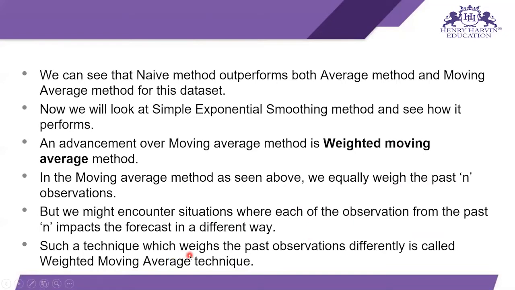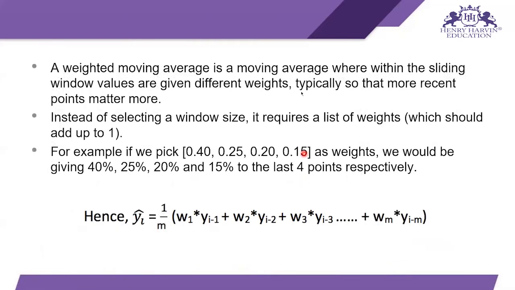Such a technique, which weighs the past observations differently, is called the weighted moving average technique. It is a moving average where, within the sliding window, values are given different weights, typically so that more recent points matter more.